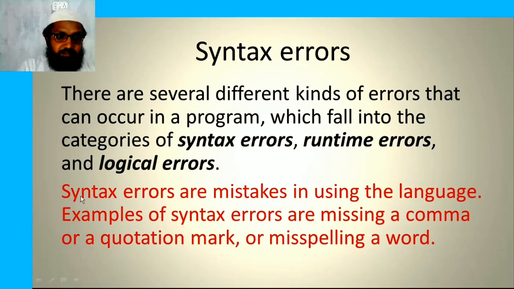What are syntax errors? Where we are committing mistakes. Syntax errors are mistakes in using the language. Examples of syntax errors are missing a comma or a quotation mark or misspelling a word. So common mistakes: sometimes we miss a comma, sometimes we miss a quotation mark, sometimes we misspell the word.